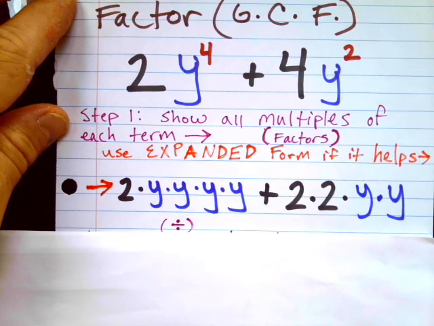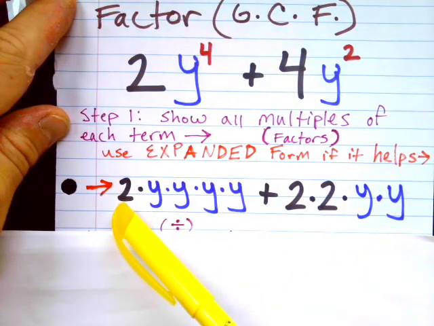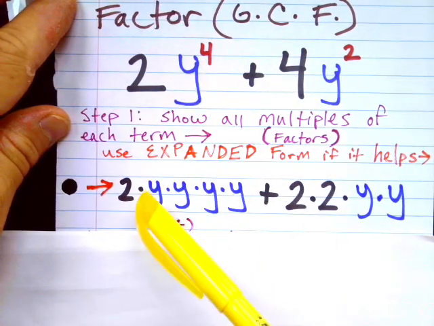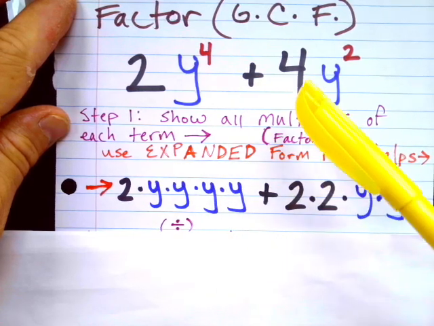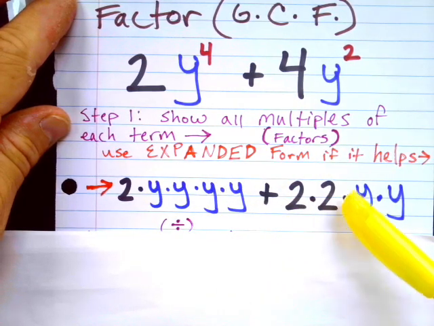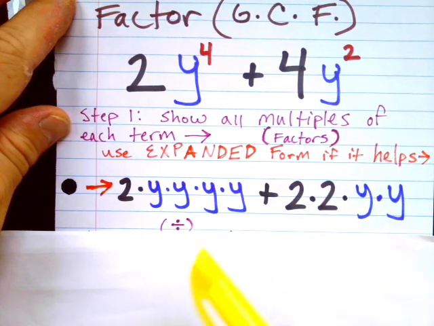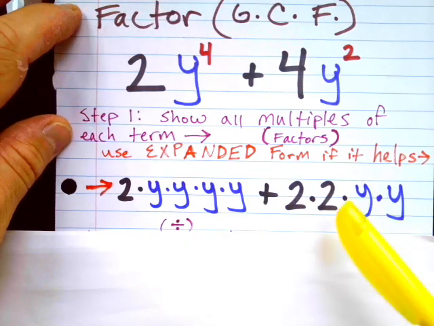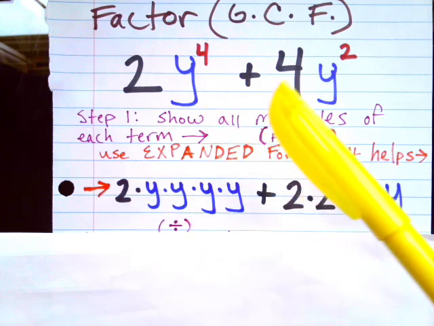So I have 2 times y to the 4th plus 4y squared. I know 4 is 2 times 2, and y squared is y times y. So this is what's considered expanded form. So here you can see, what do both of these terms share?